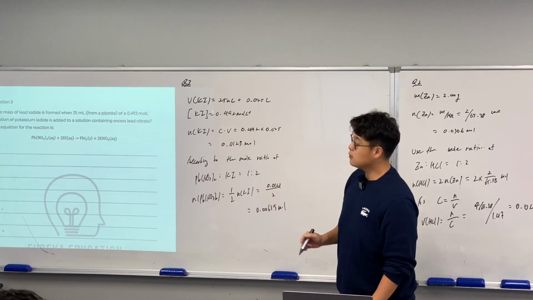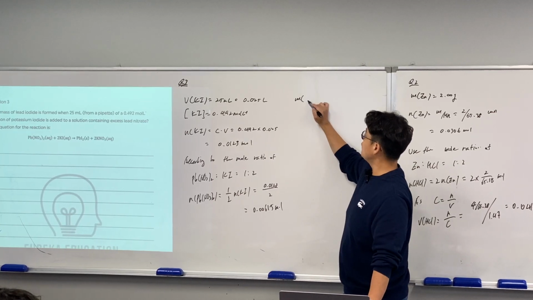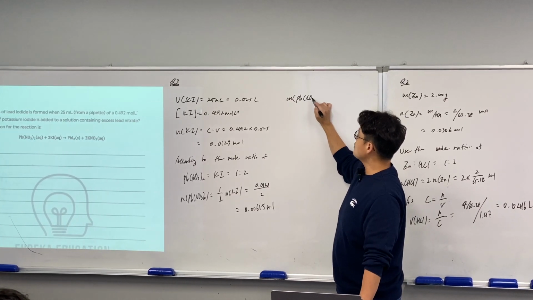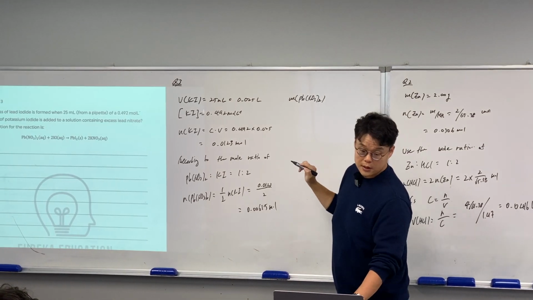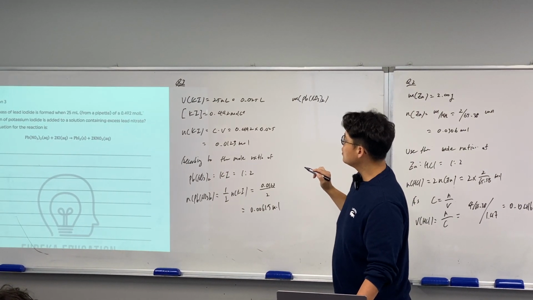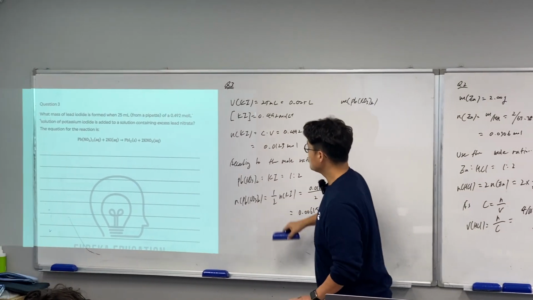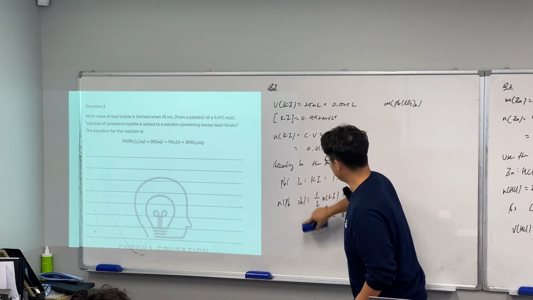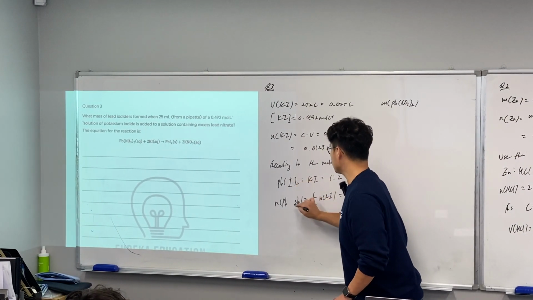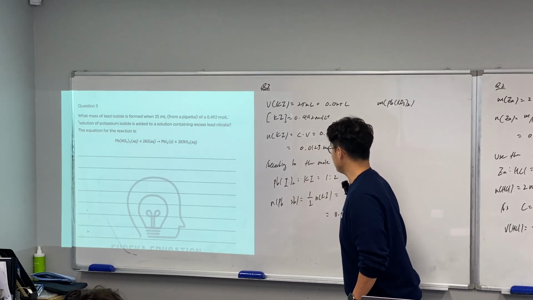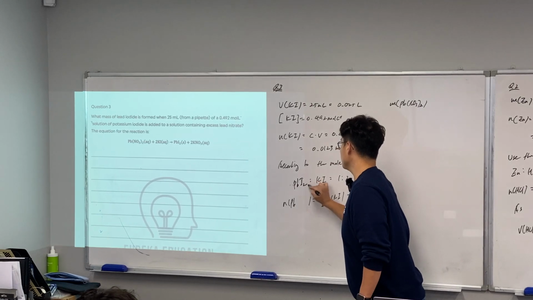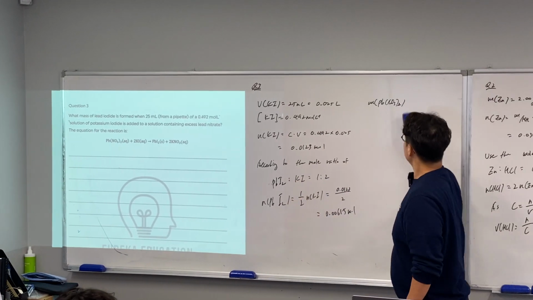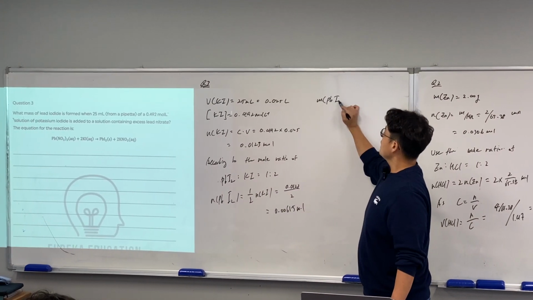All good? And then what do we do? The mass of the... wait, are we getting the mass of lead iodide? Lead iodide, same ratio. So lead iodide is PbI2.